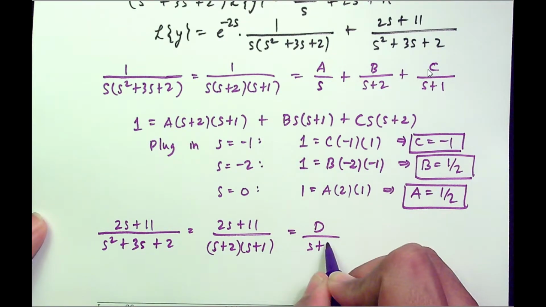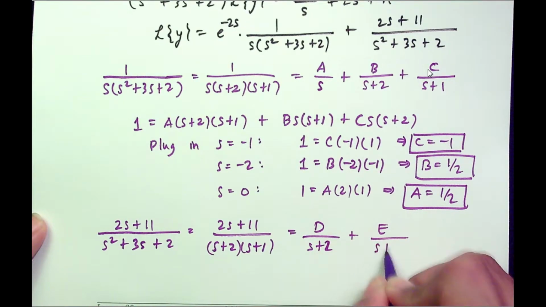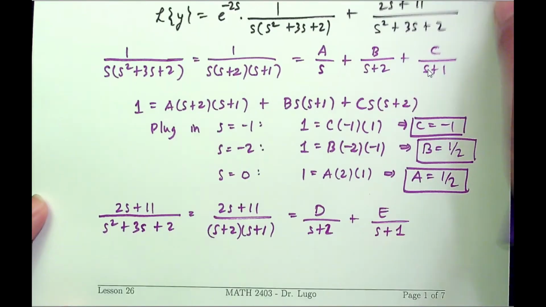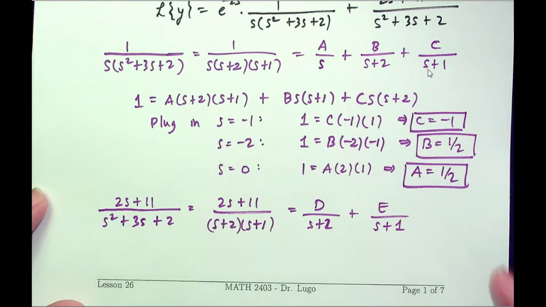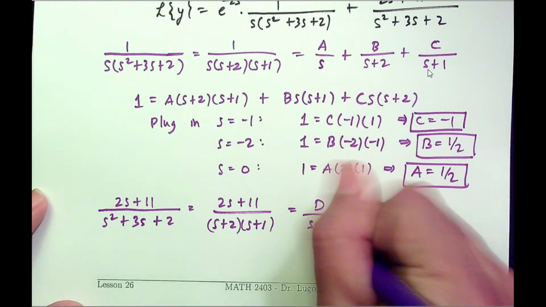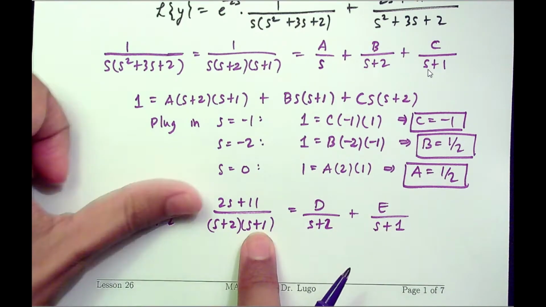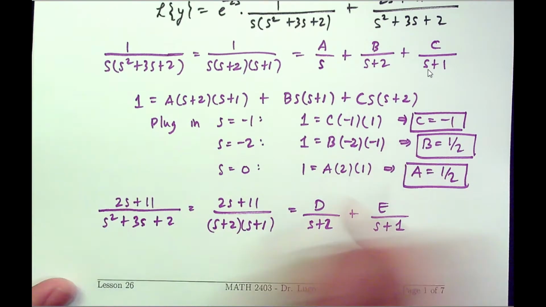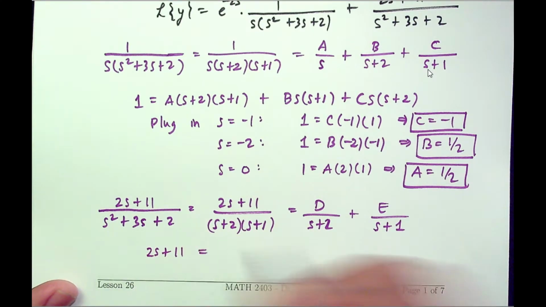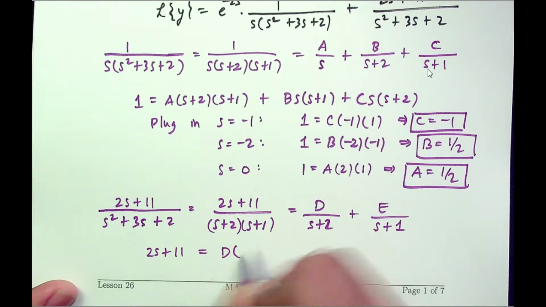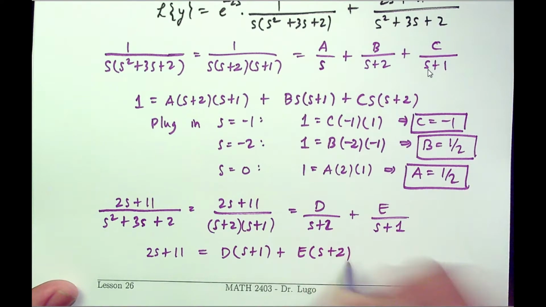So d over s plus 2 plus e over s plus 1. That should be, the decomposition is going to be like that. And now we need to figure out what d and e are. So multiplying both sides of this equation by this bottom, you're going to get 2s plus 1 equals d times s plus 1 plus e times s plus 2.